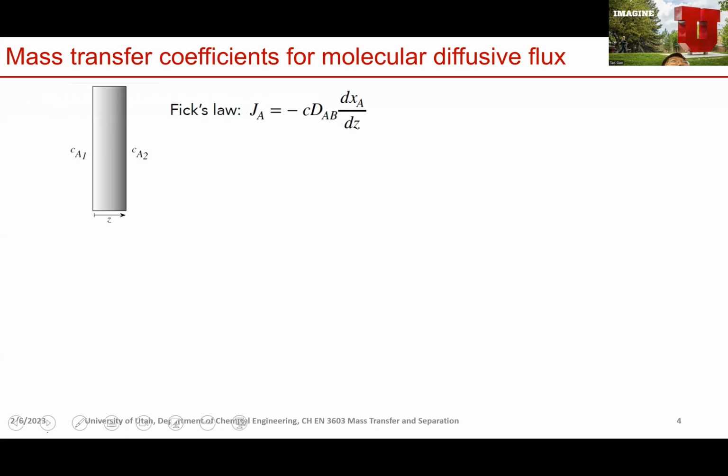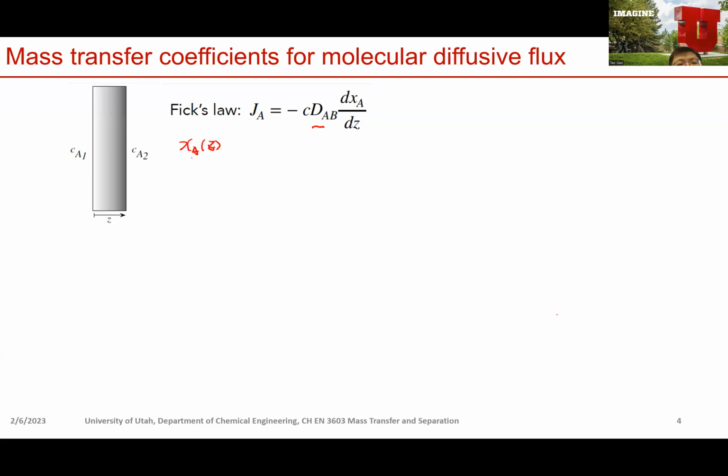In this case, we can apply Fick's law to compute the diffusive flux, as long as we know the concentration, the diffusivity, and the gradient. We're considering a 1D scenario, and for the gradient, as long as we know x_A, the mole fraction of A, as a function of z.